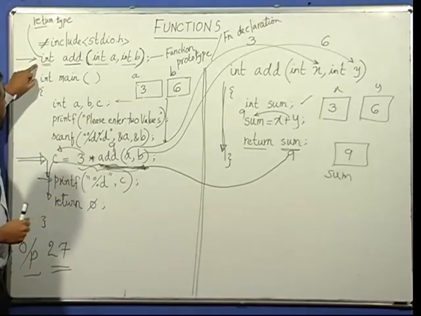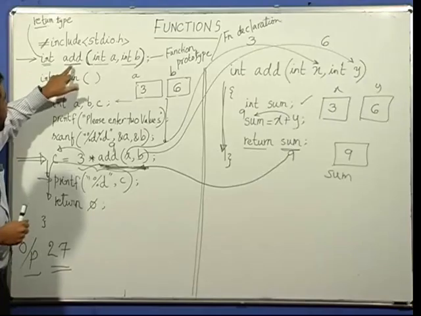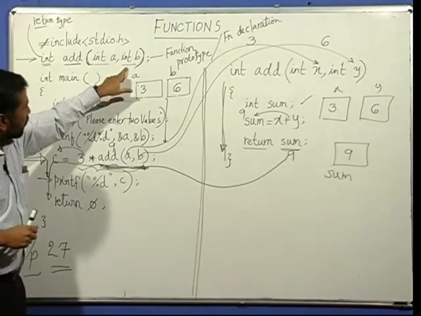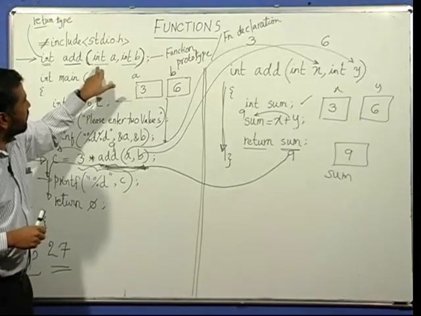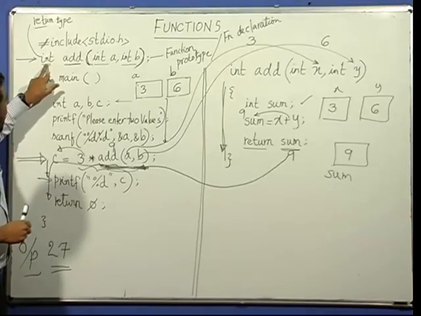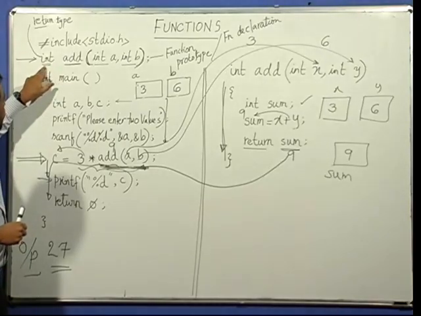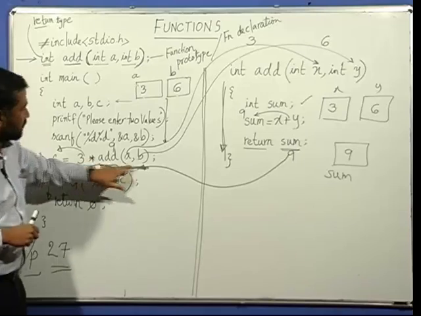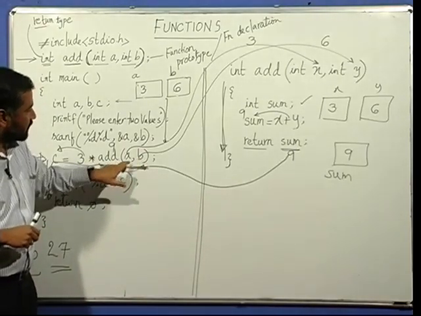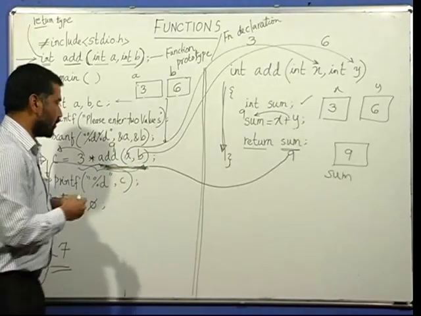This is the function prototype, where we give the name of the function and, in brackets, what we call arguments. They must be given. This is the syntax. The prototype must end with a semicolon, and what we put here is known as the return type. This is the function call here, and A and B in this particular case are referred to as actual arguments.